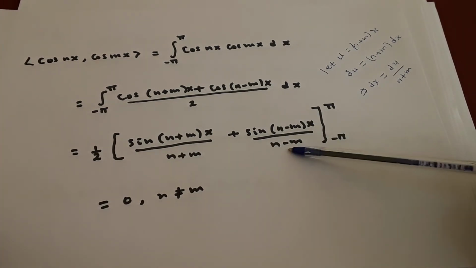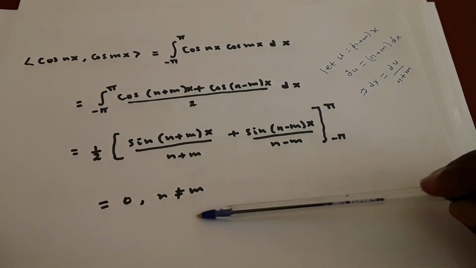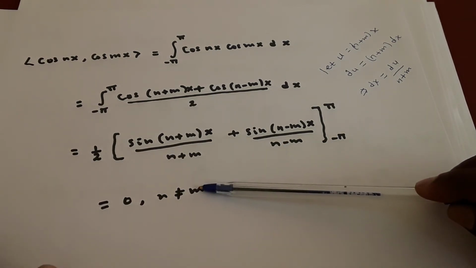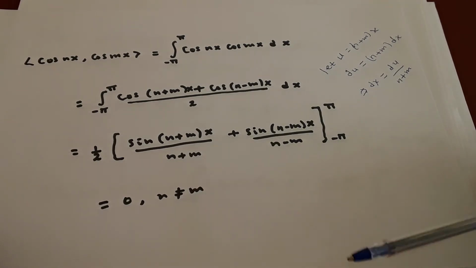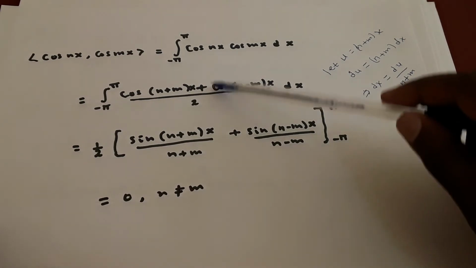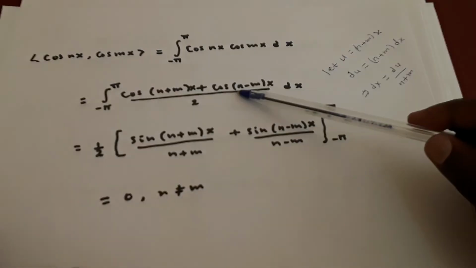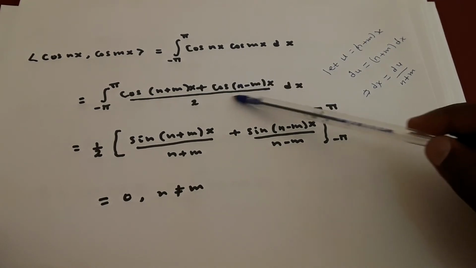But clearly n minus m should not be 0. That is, n is different from m. But if n is m, then cos of n minus m means cos 0.